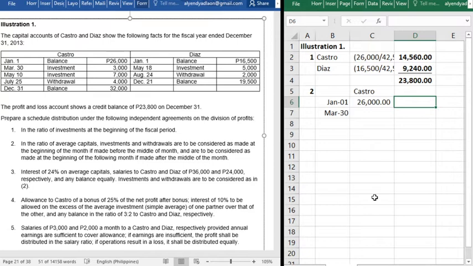So January 1 to March 30, how many months is that? That is January, February, and March. So that is 3 months. Number of months.